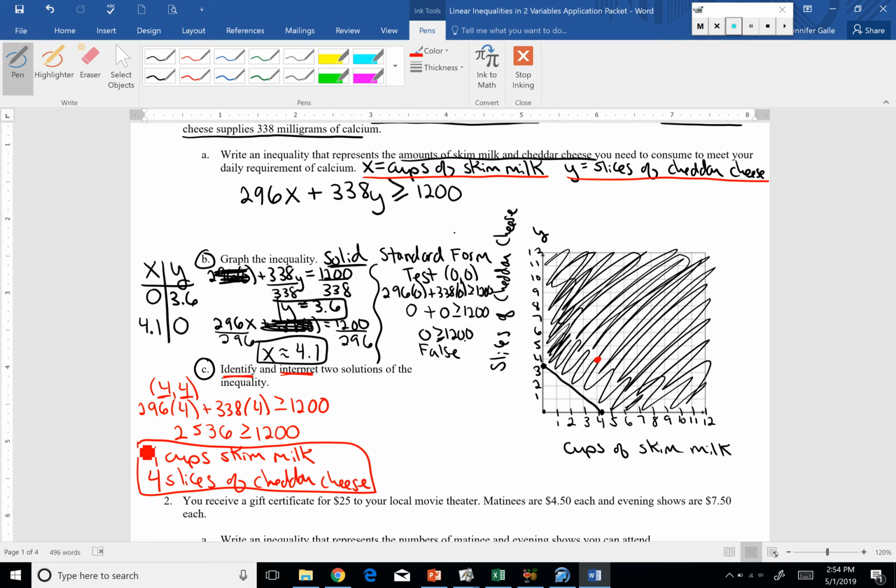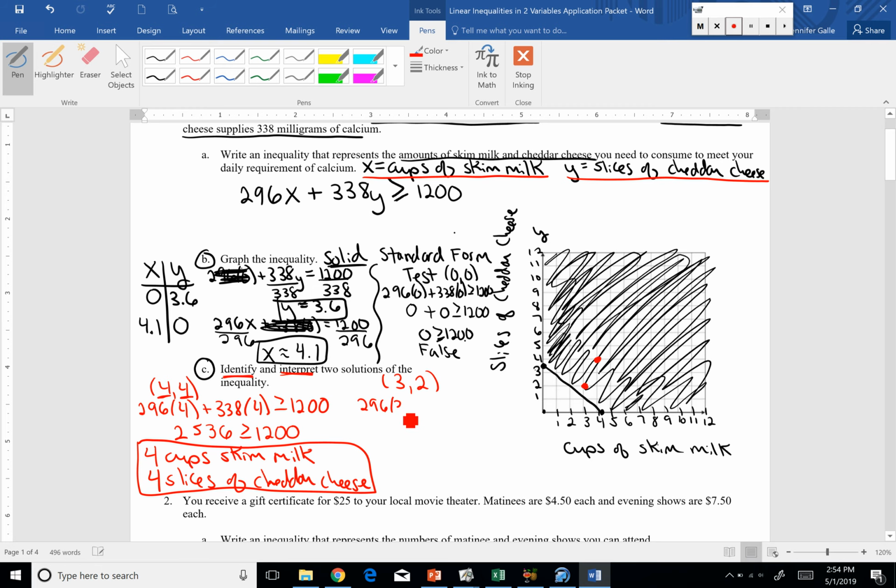Some of us were struggling to find the solutions that were on our line we graphed. So I want us to find 2 each time just so we get in the habit of finding solutions in the shaded space. So I'm going to do 3, 2. I'm just going to keep my numbers small. The bigger my numbers get, the bigger they are when I multiply. You don't have to go huge on the graph. You can go anywhere you want in the shaded space. I picked 3, 2. 3, 2 is in the shaded space.